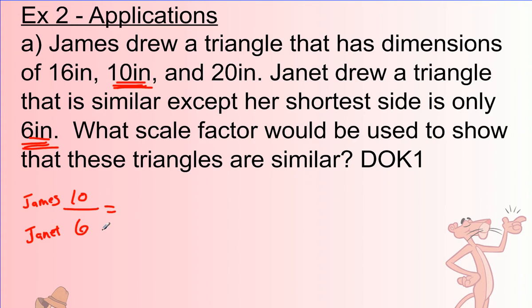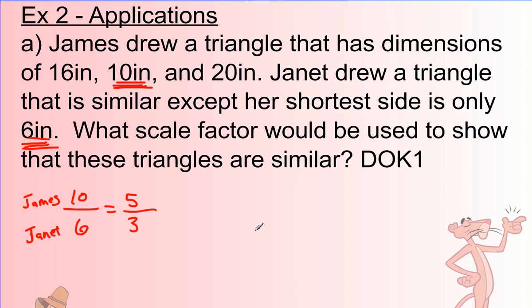So if I divide top and bottom here by 2, I get 5 over 3. And that doesn't simplify any more. So that means that James's triangle is 5/3 bigger than Janet's triangle. That's a scale factor that relates James's triangle to Janet's triangle.